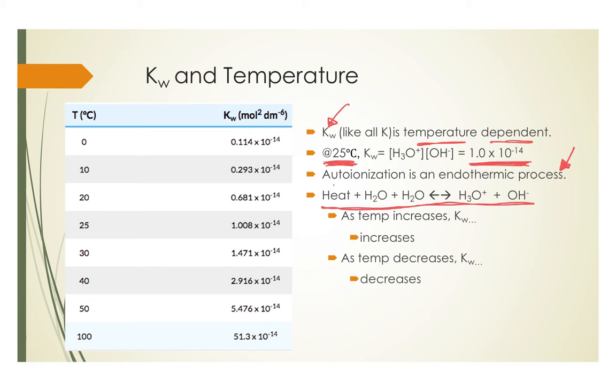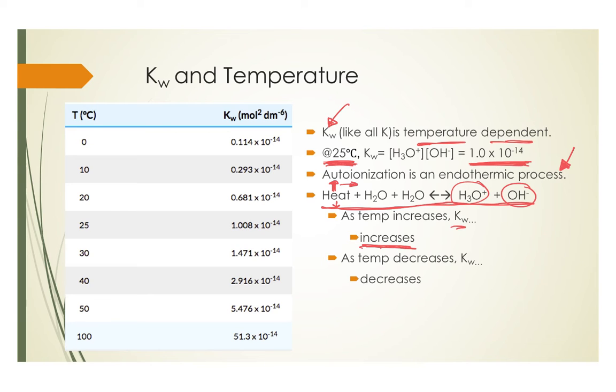And so if we were to rewrite the equilibrium expression, we might end up with an expression that looks like this, right? It's endothermic, so put heat on the left. And so using what we learned about K's previously, if I increase the heat, the reaction is going to shift to the right in order to bring the heat, or the temperature, back down. And so that means that our concentrations of H3O+ and OH- are going to go up, which means that Kw is going to go up.